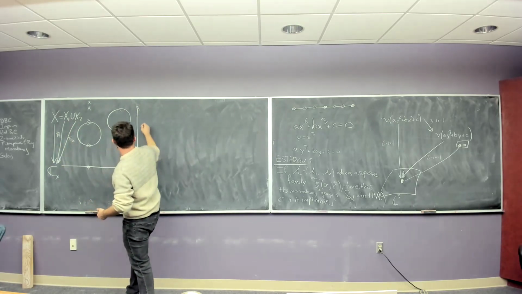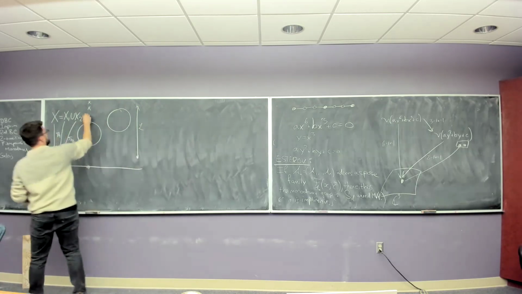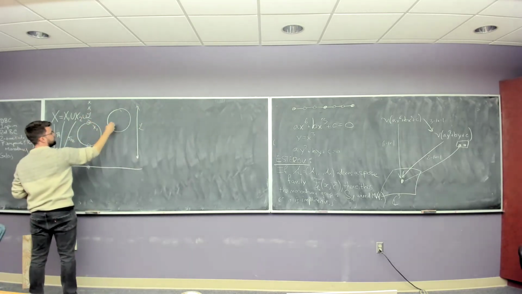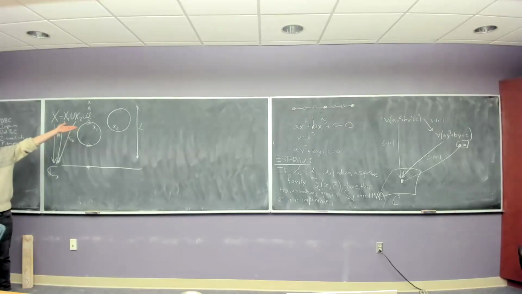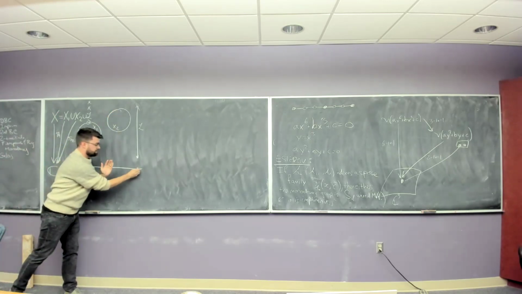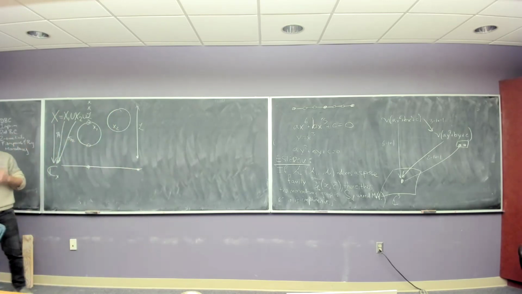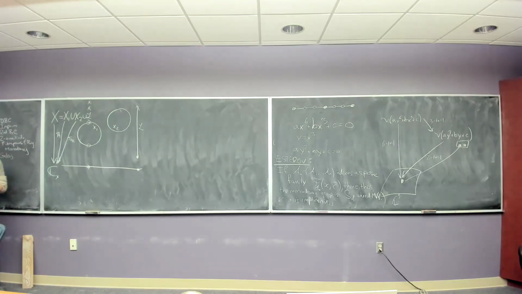I mean, I suppose it could be worse. I could also have this vertical line L. And restricting the projection down to the x-axis to L does not give me a branch cover. Because L just projects down to a point. So it's not essentially surjective.